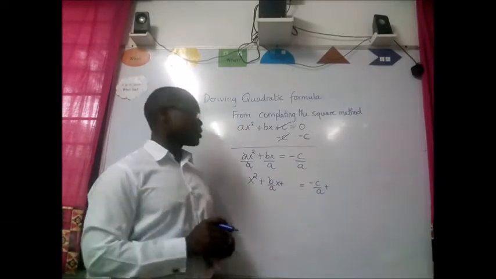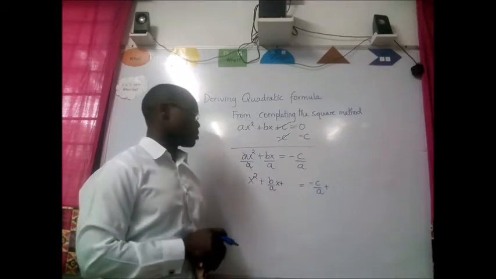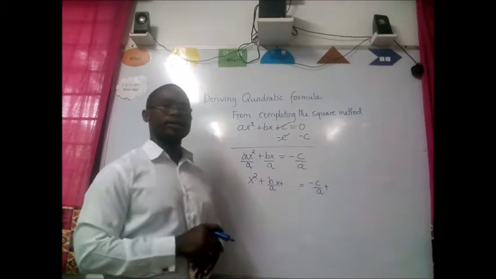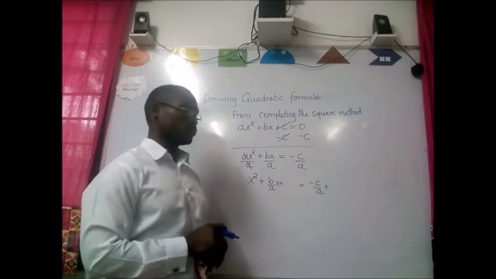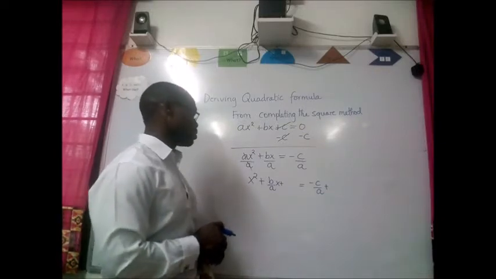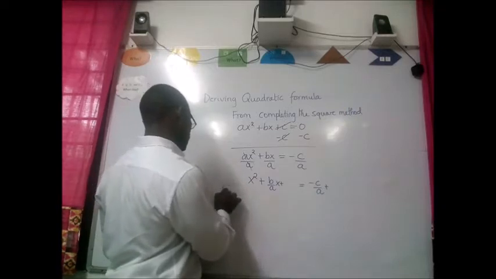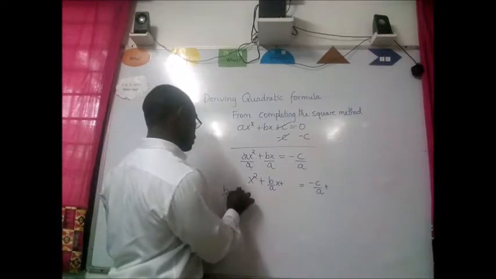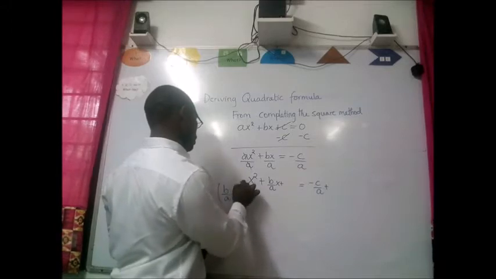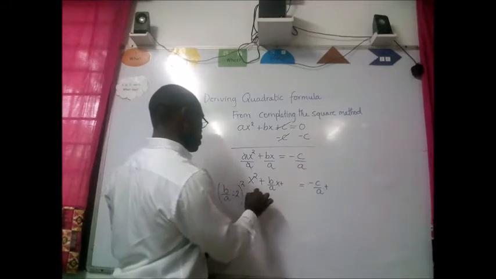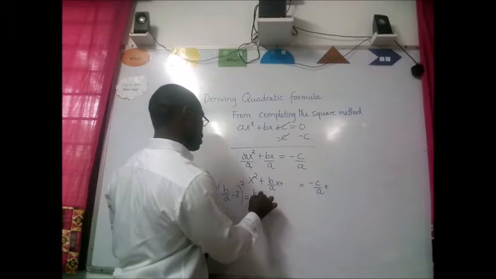So how do we get the number to be added here? We take b over a divided by 2, and square it, which is the same as b over a times half, then we square.